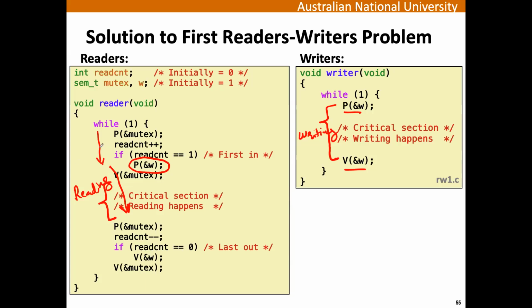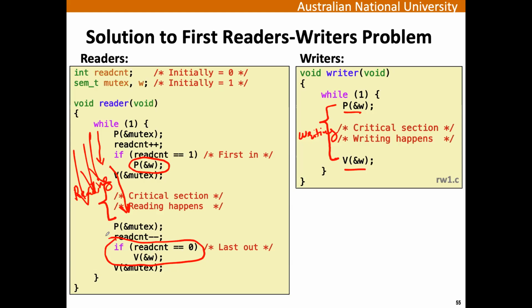And so the readers will keep coming while the writer will have to wait, because the first reader, when read count was 1, grabbed the lock, and the lock is released only when read count is 0.